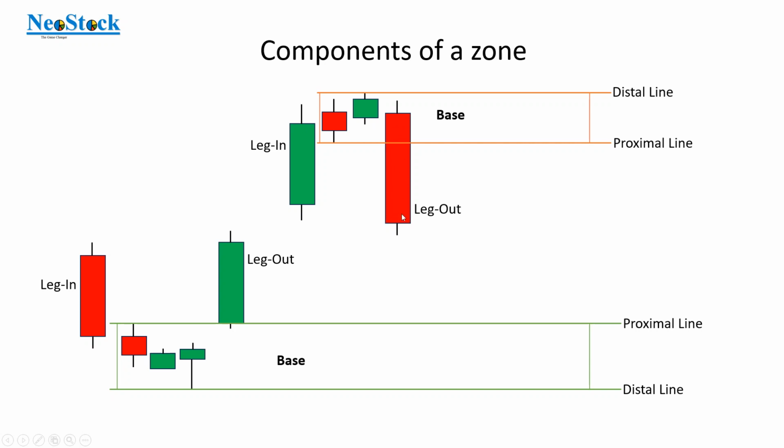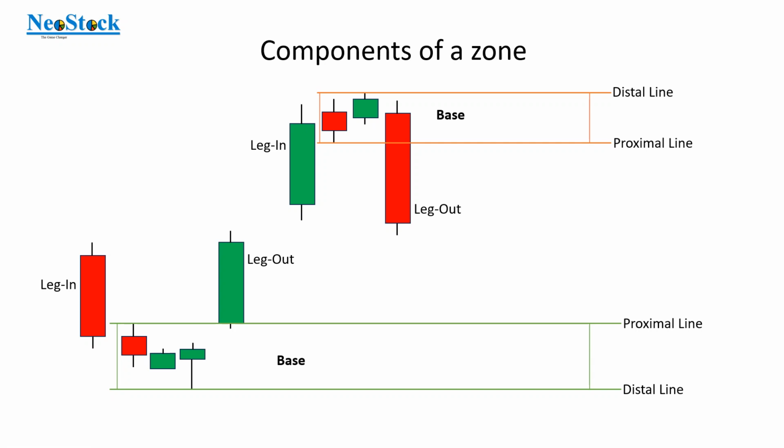Bearish candle. So bearish candles are called drop candles. If the leg out is a drop candle, it is a supply zone. That means a demand zone should have a rally candle as a leg out, and a supply zone should have a drop candle as a leg out.